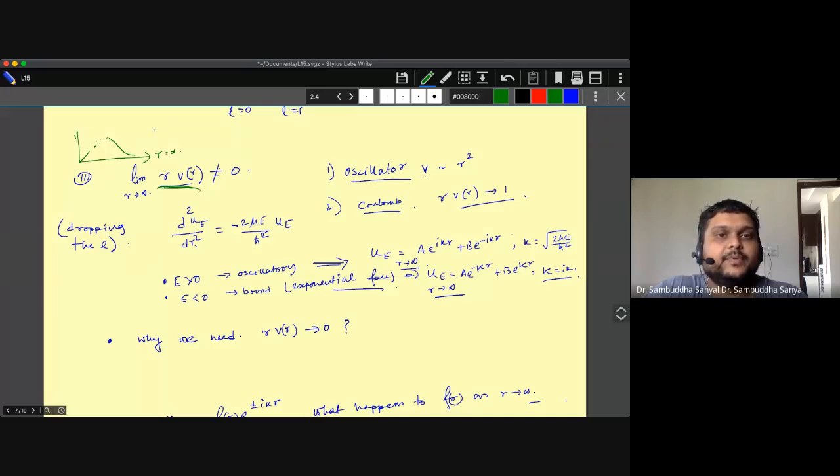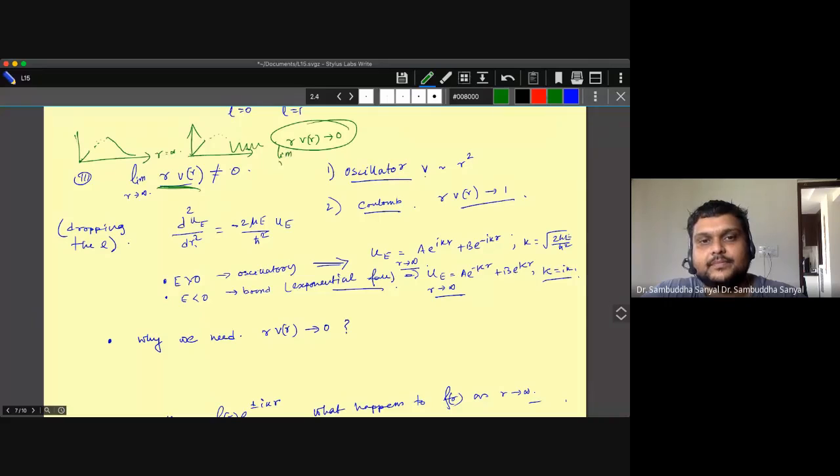Or it could be a scattering state, in which it will continue to oscillate at r going to infinity, and it must be 0 at r going to 0, and again something else can happen in between. But these are the conditions when rV(r) is going to 0 in the r going to infinity limit.